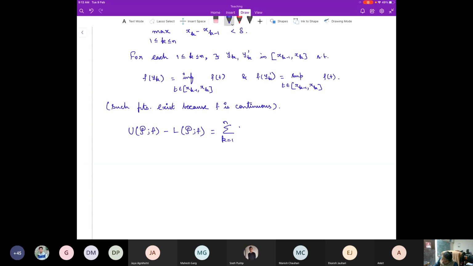Yeah, this is Mk into xk minus 1, minus summation k running from 1 to n small mi into xk minus 1, which is the same as summation k running from 1 to n. So I can club these two, and Mk is exactly f at yk dash, capital Mk.